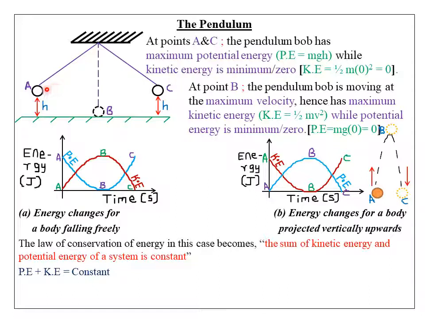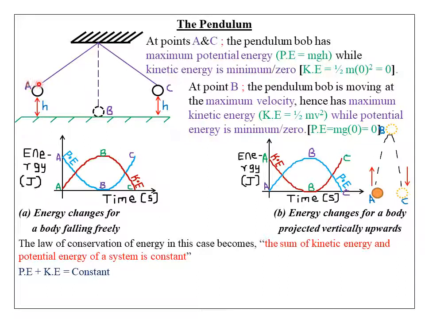Also remember that at point A, before the body is released, it is in a state of rest. Also at point C, the body goes to a state of rest before it swings back to point A. So remember, we said that whenever a body is at rest at some height from the ground, then such a body is possessing what we call gravitational potential energy given by mgh, that is mass of the body times gravity times height.